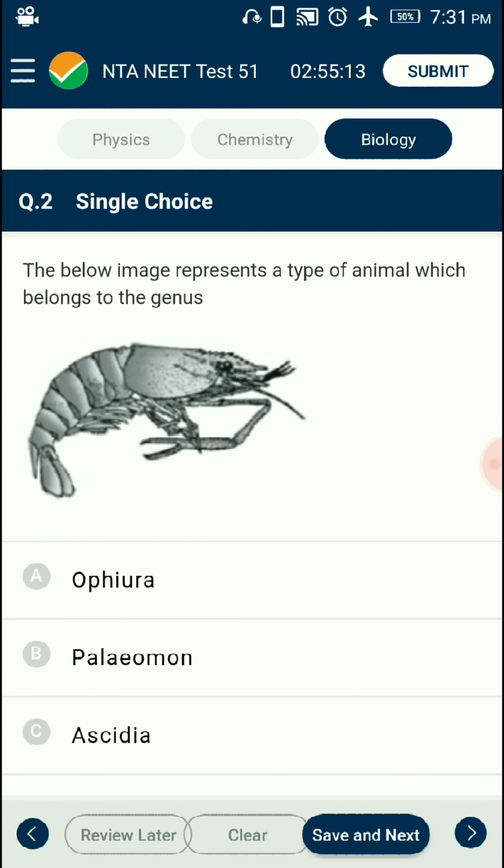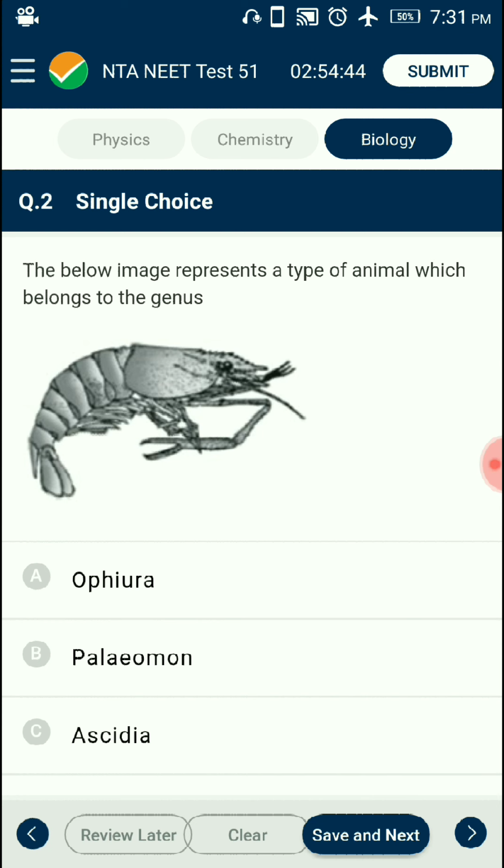Question number 2. The below image represents a type of animal which belongs to the genus. The given diagram is of a common prawn belonging to the genus Palaemon. This genus is under the class of crustaceans, having a chitin-based exoskeleton and jointed appendages. They are part of the largest animal phylum, Arthropoda.